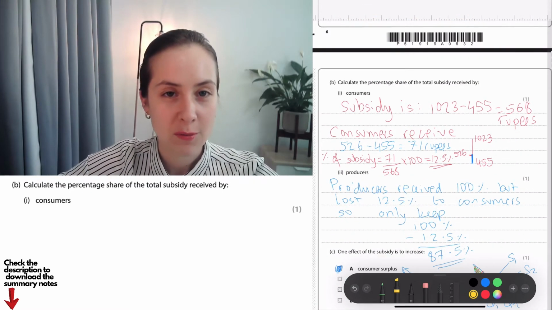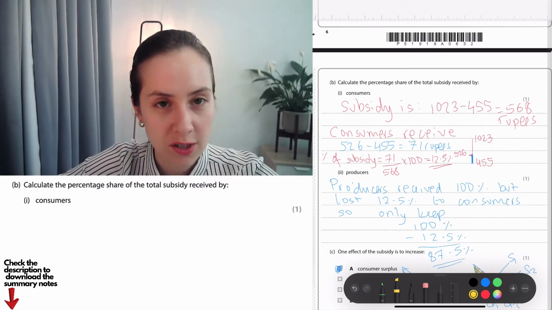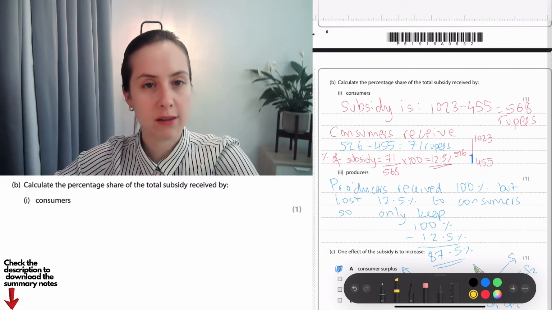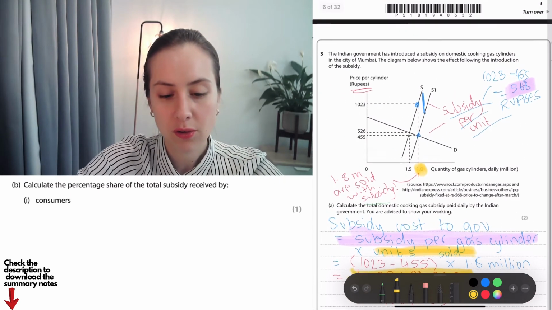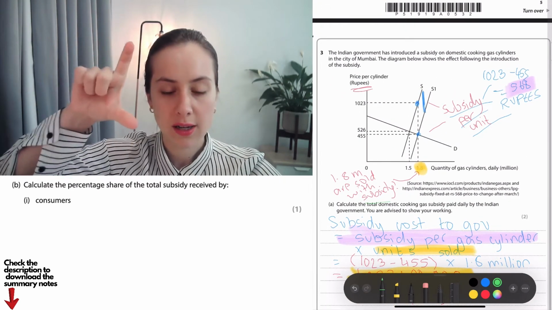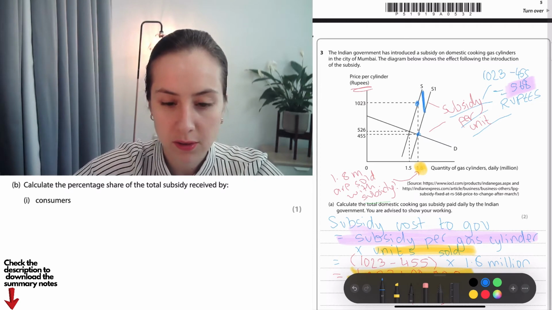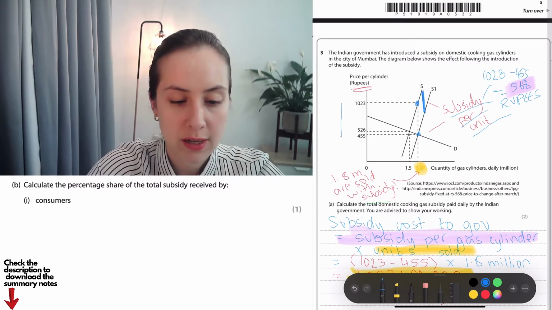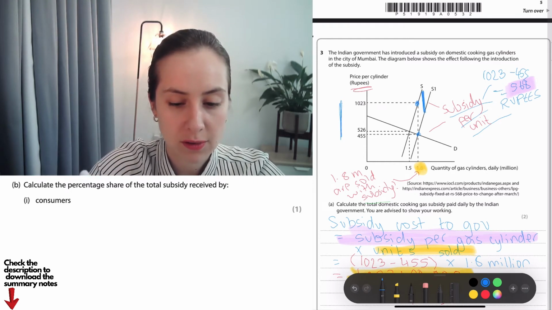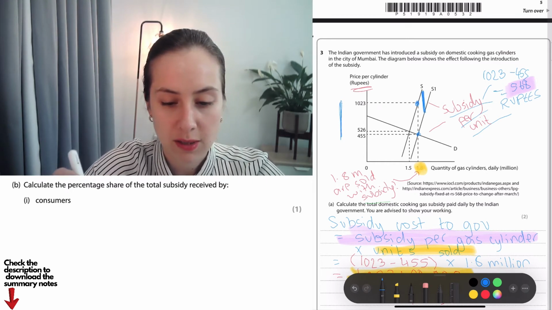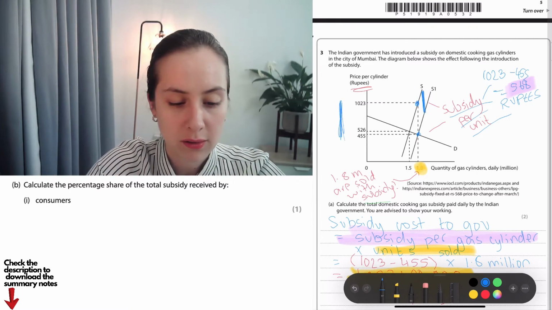The share of the subsidy received by consumers is a bit of a contradiction perhaps, because the subsidy is given to the firm. Remember that they got all of the gap between the supply curves. They got all of this blue line there. I'm just going to emphasize all of that was given to them in terms of the supply, the subsidy.